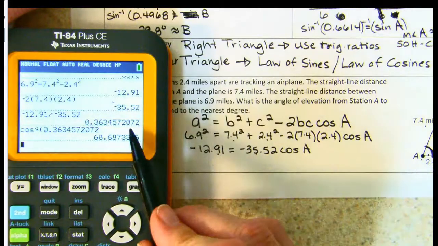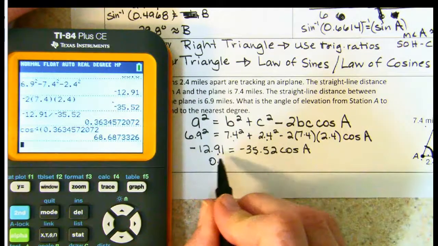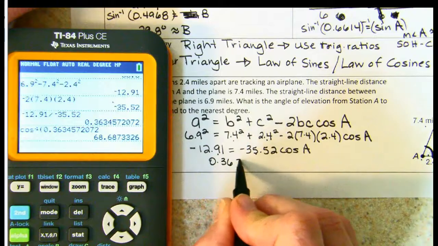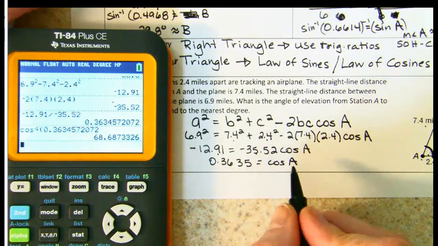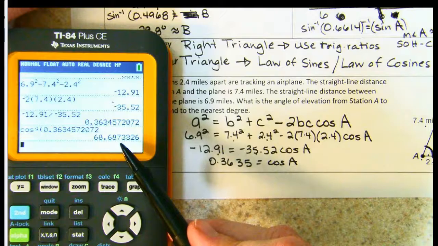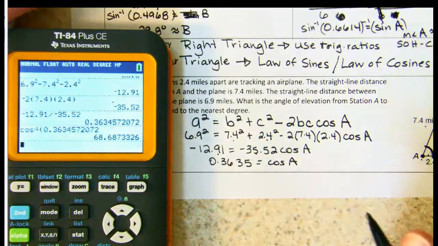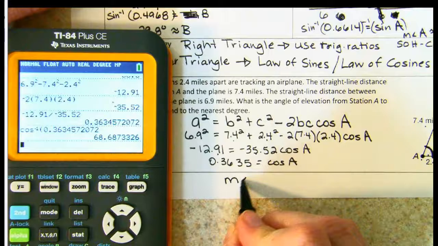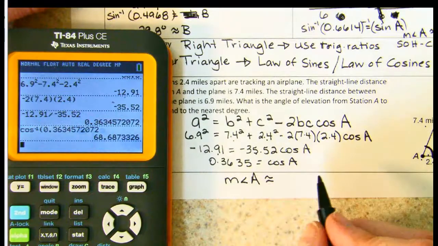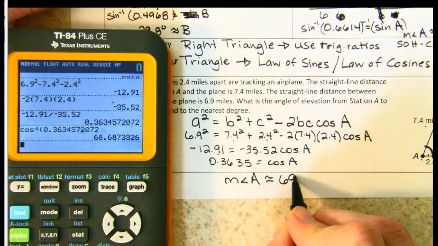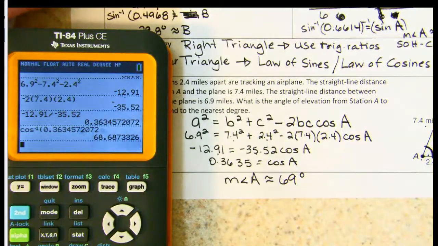You can see my work here. And I got 0.3635 equals cosine A. Then I did the inverse cosine, and I got 68.68. So if I round that to the nearest degree, as the directions are asking me to do, I'm going to get that the measure of angle A is 69 degrees.